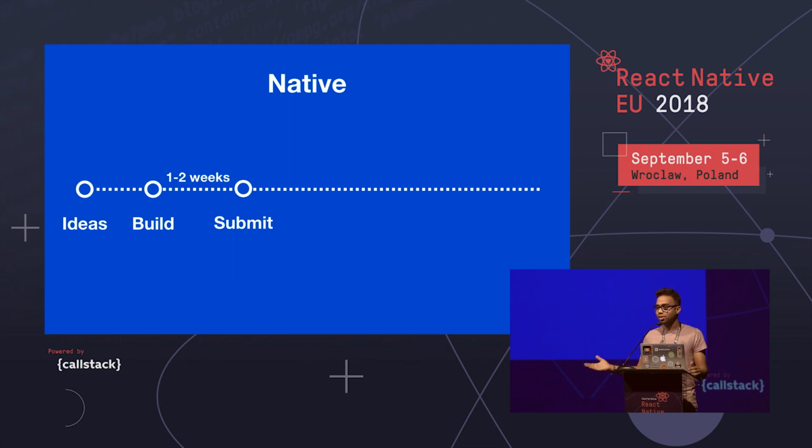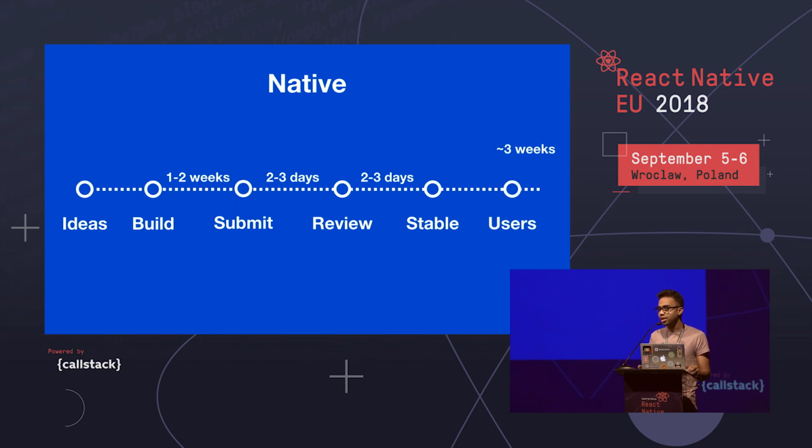You will have to wait for 2 weeks for your change to go through. And then you wait for 2 to 3 days for it to be reviewed, and sometimes it can get rejected, but I'm not considering that. And after it gets accepted, you wait for 2 to 3 days again for it to be stable. And then you get your users. So that approximately takes 3 weeks.